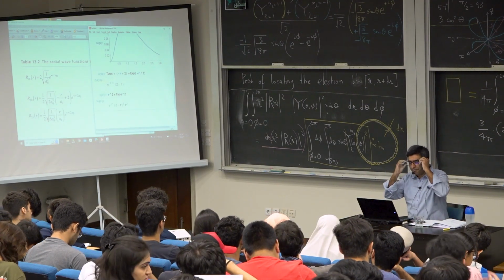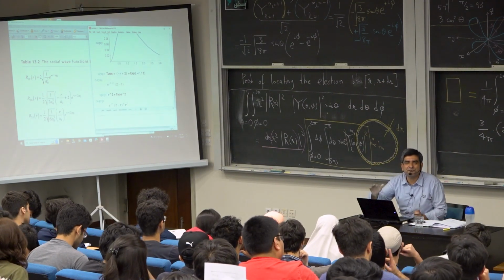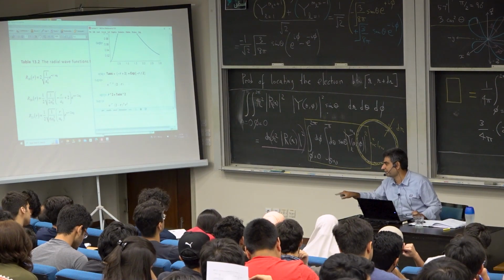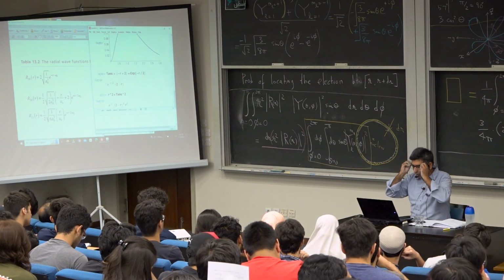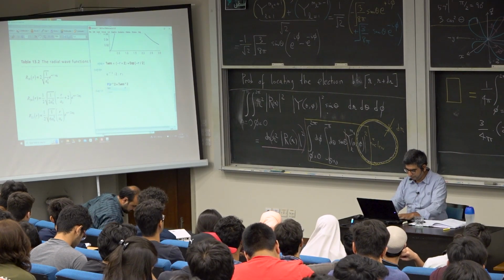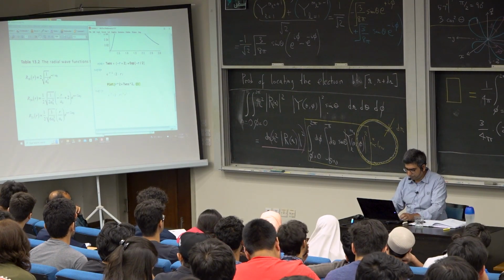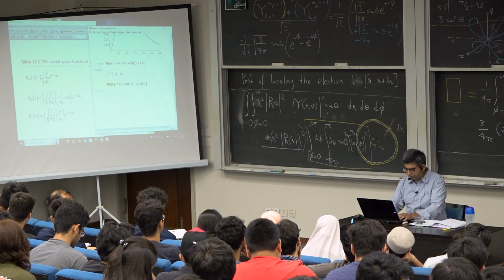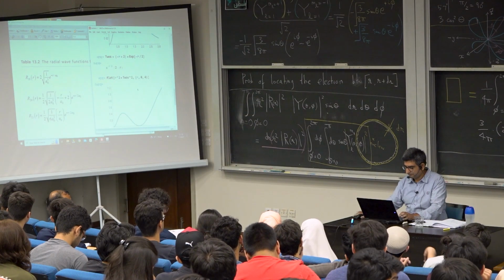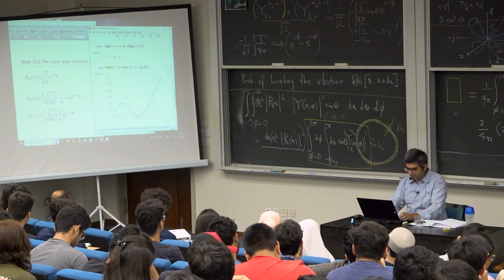I can take the derivative of this, equate it to 0 to find out the turning points, the maxima and the minima of this function. But I can also plot it. R goes, say, from 0 to 4 times more. Let's do this all the way up till 8.